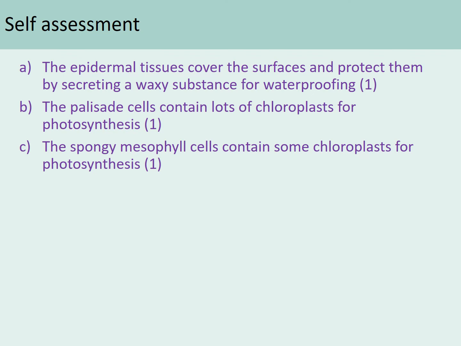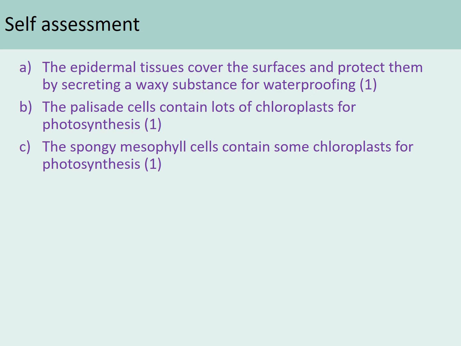And you could have talked about the waxy cuticle, so that is still part of the epidermal tissues, the outside layer. So you could talk about the waxy substance that reduces the amount of water loss, or you could have talked about the stomata and the guard cells in the bottom lower epidermal tissues for gas exchange, so gas is getting in and out.